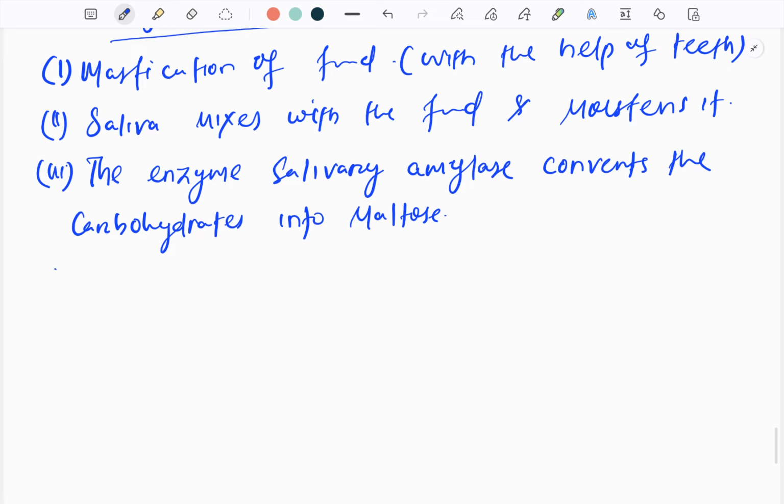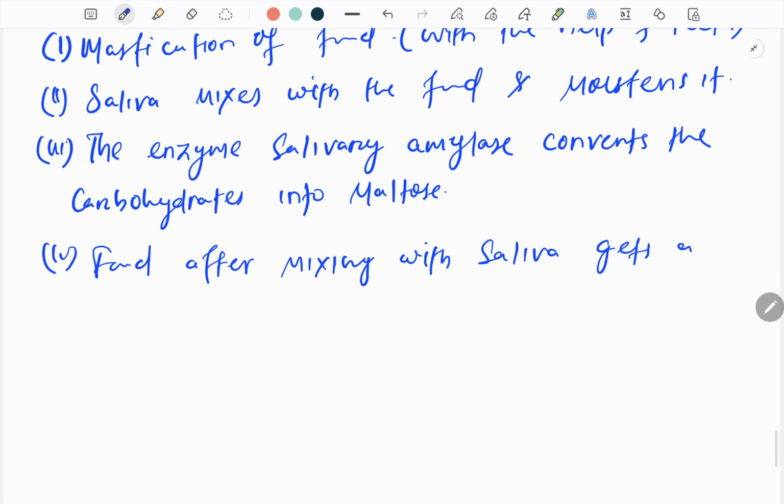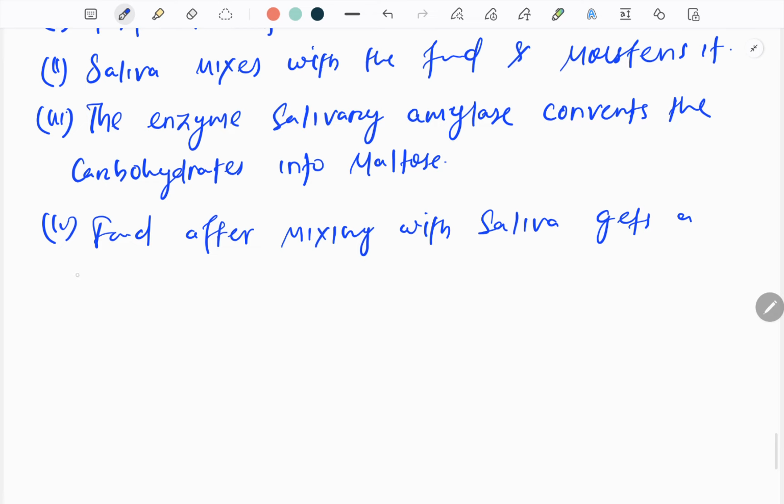Then the last thing is food after mixing with saliva gets a ball shape, which is called bolus.